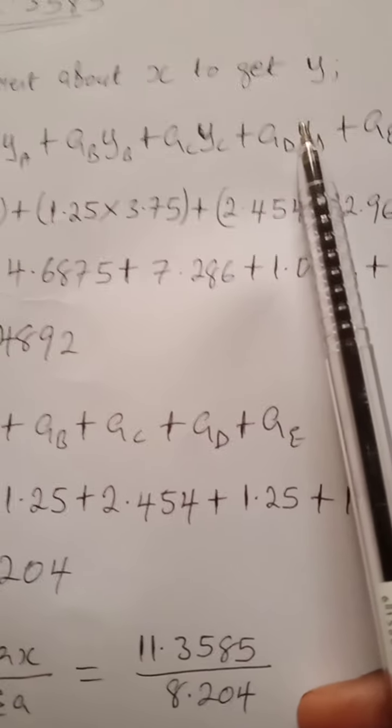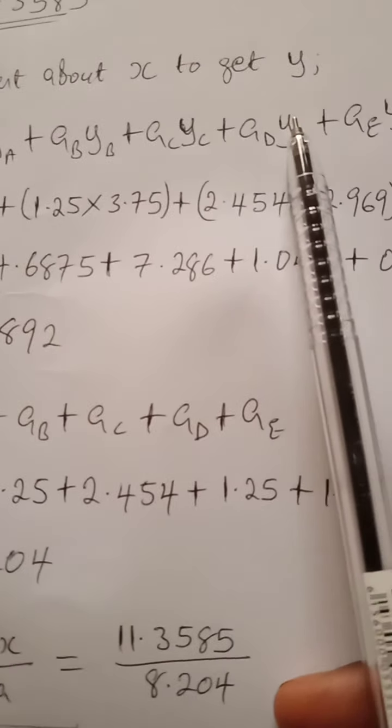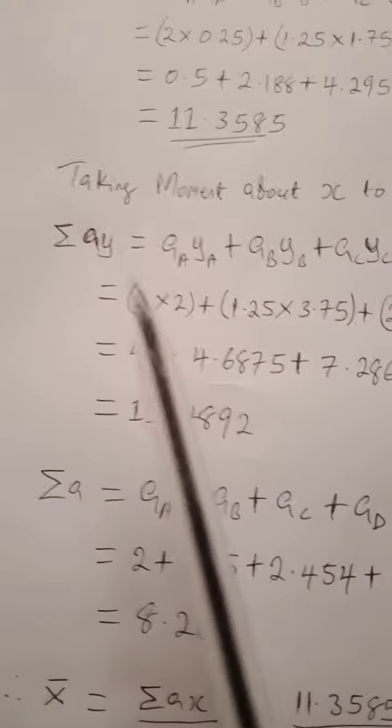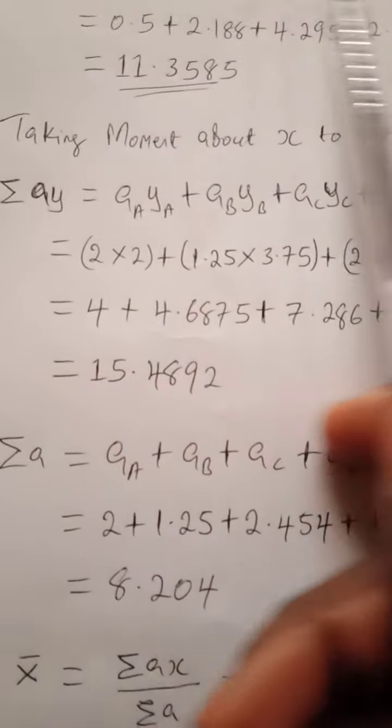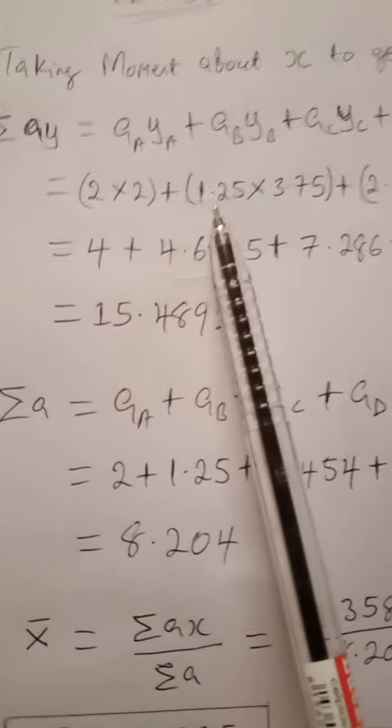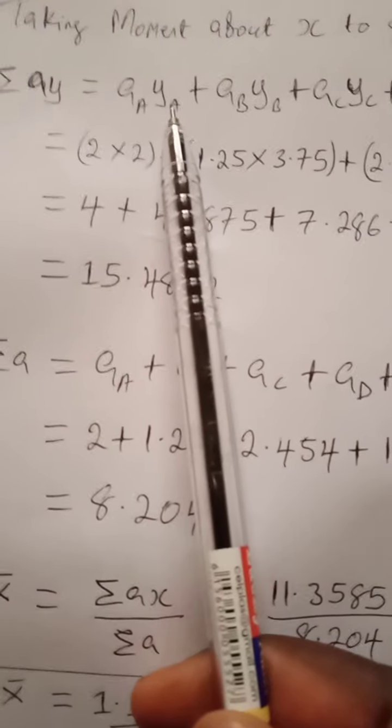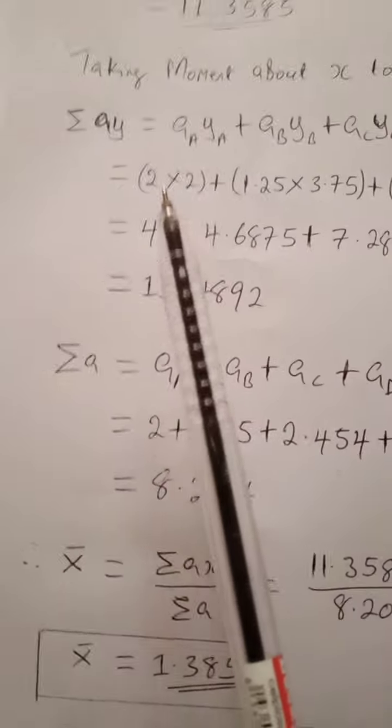But here, our reference point is going to be the x-axis, because we are calculating for y. Now, as we all know, all our areas are still the same areas that we used here, which is 2, 1.25, all these areas. What only changes is our distance. Now, how do we obtain that?